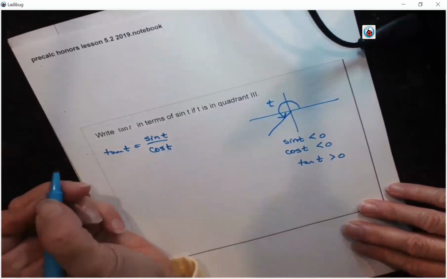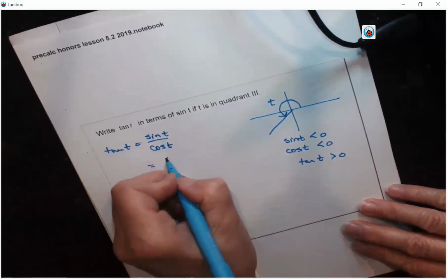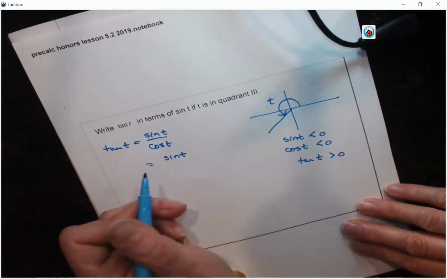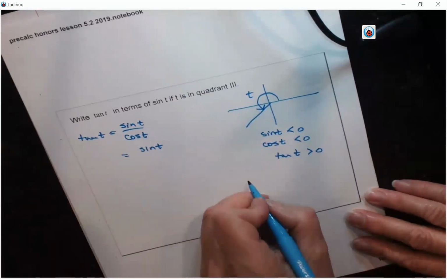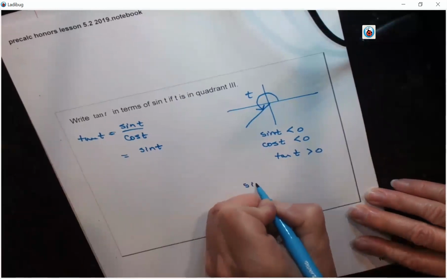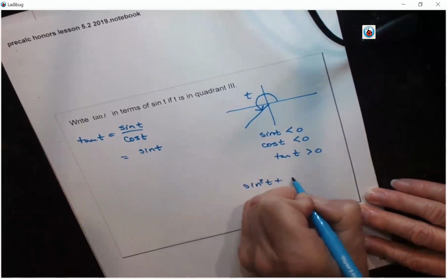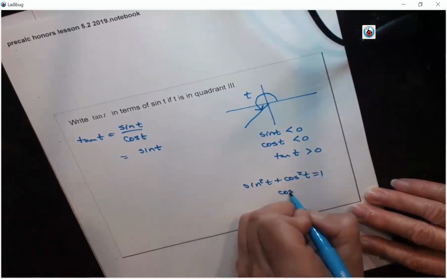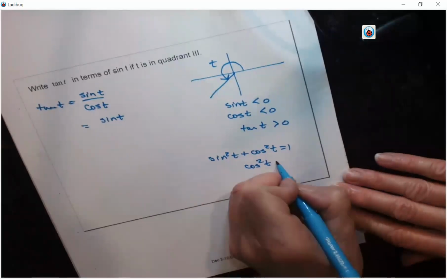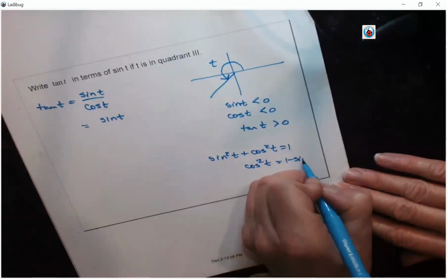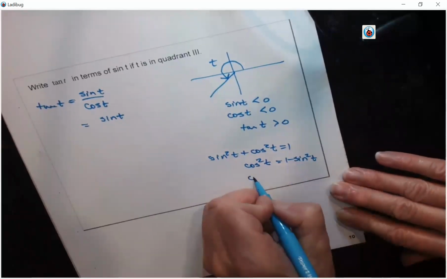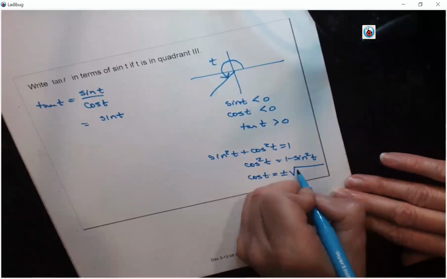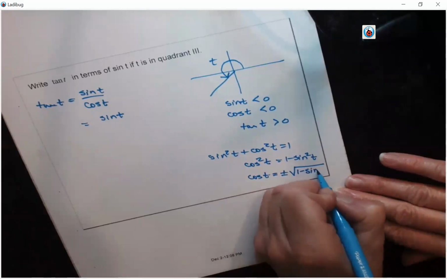And we were supposed to write this in terms of sine of t. The cosine of t, we just found out a little bit ago. I know that sine squared t plus cosine squared t is equal to 1. So cosine squared t is equal to 1 minus sine squared t. And cosine t is plus or minus the square root of 1 minus sine squared t.